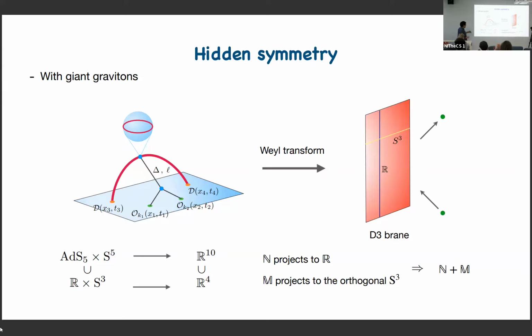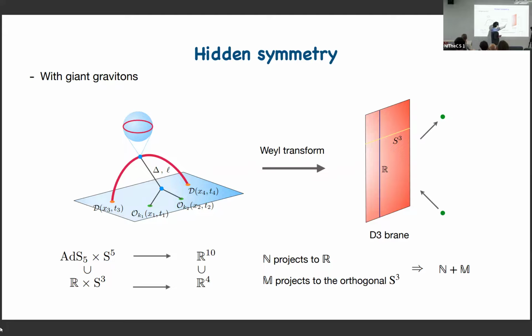So after Weyl transformation, this AdS5 times S5 becomes R10, and R times S3 now becomes R4. So you have a 4-dimensional defect in flat 10D. And this R4 is the D3 brane. And now it's actually very easy to understand why I define N with 1 minus.